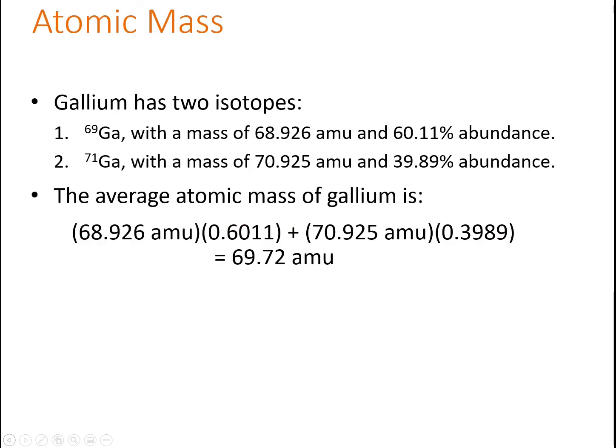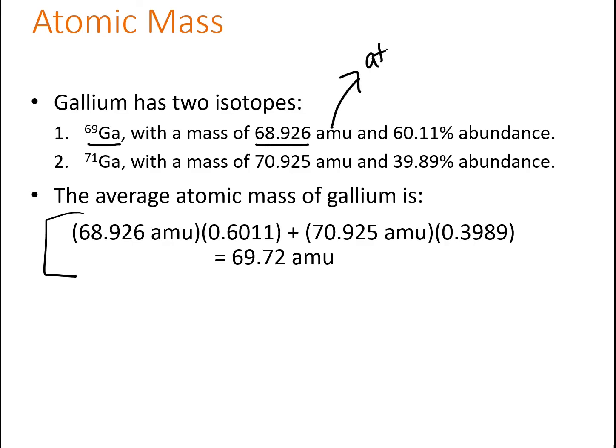All right. So I'm going to show you how I arrived at this equation here, okay? We've got gallium, and it's got 2 isotopes. Gallium-69, which has a mass of 68.926 AMUs.